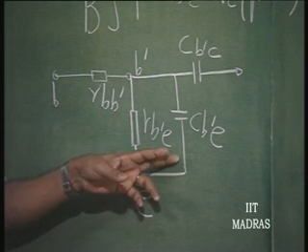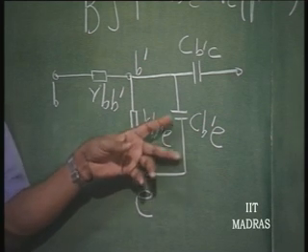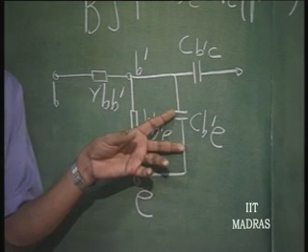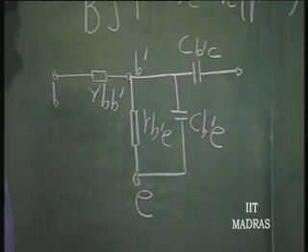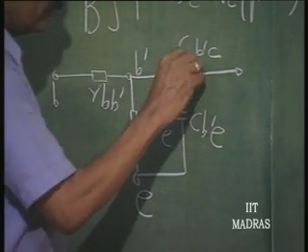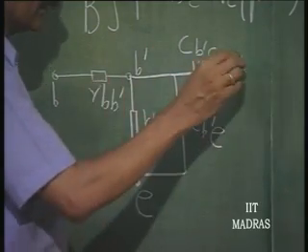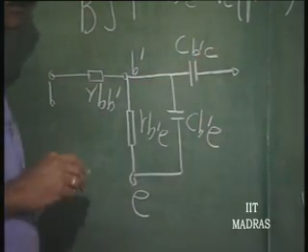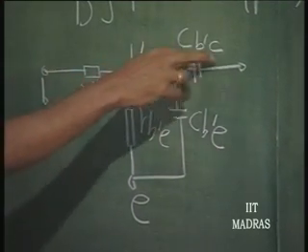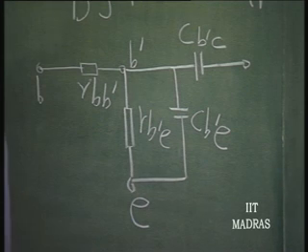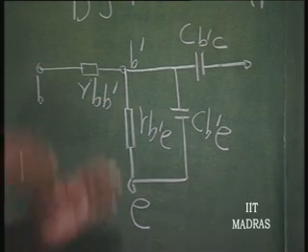That capacitance is called diffusion capacitance, and it is going to be pretty high compared to Cb dash C. So, Cb dash C is the reverse bias junction capacitance. This is called transition capacitance, the depletion layer capacitance. It depends upon the reverse bias voltage. As the reverse bias voltage across the junction increases, this capacitance decreases.